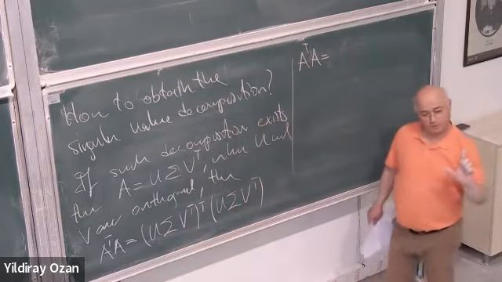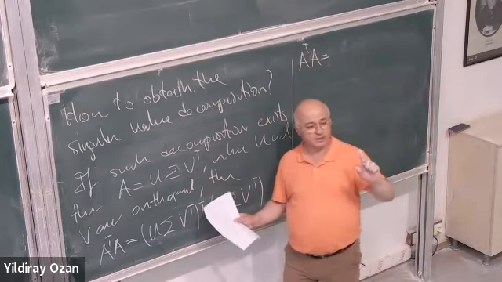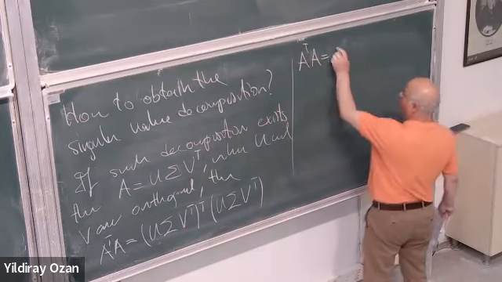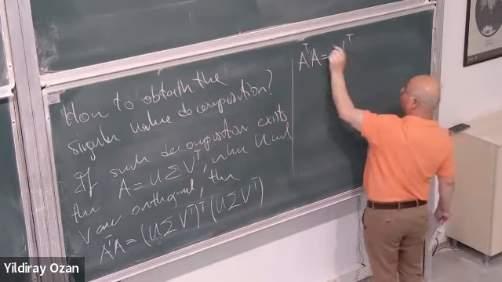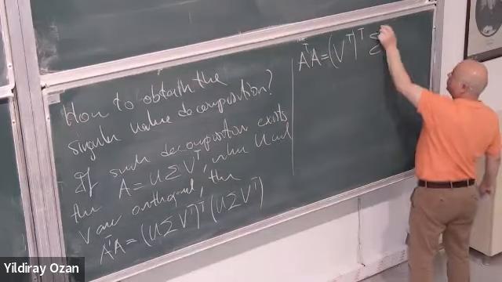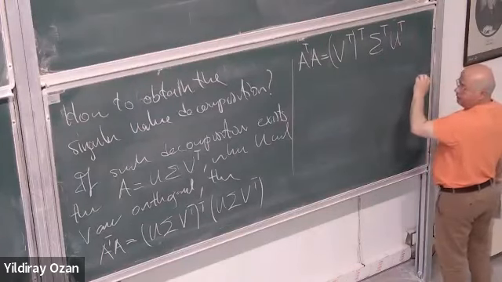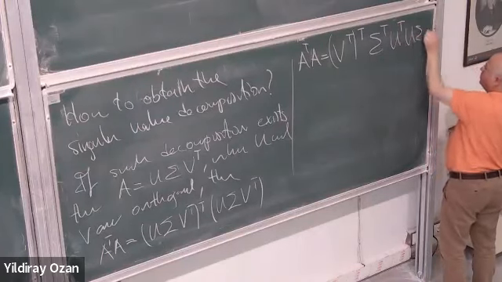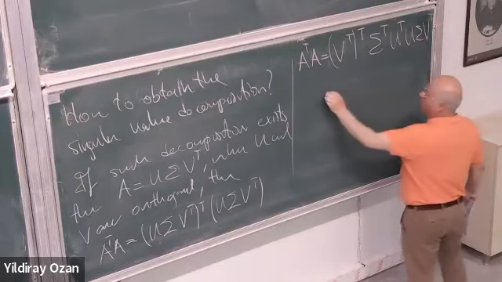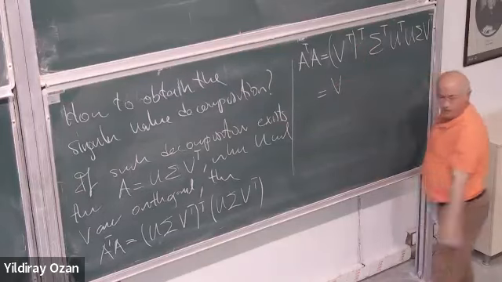When you take the transpose of a product, the order of the matrices changes, right? So I have V transpose, then sigma transpose, then U transpose, and then here I have U sigma V transpose.